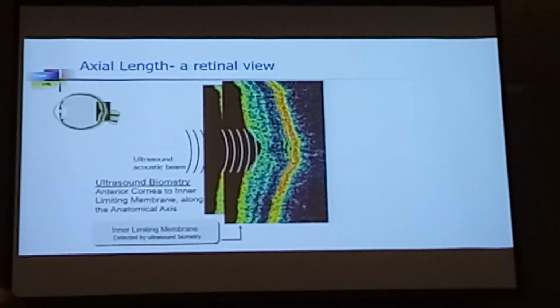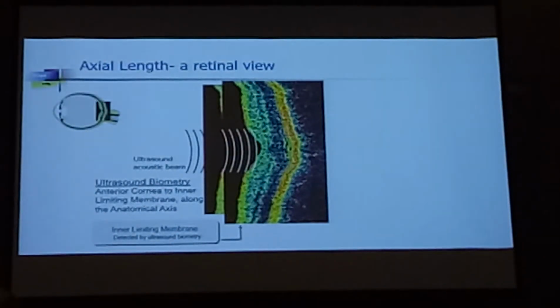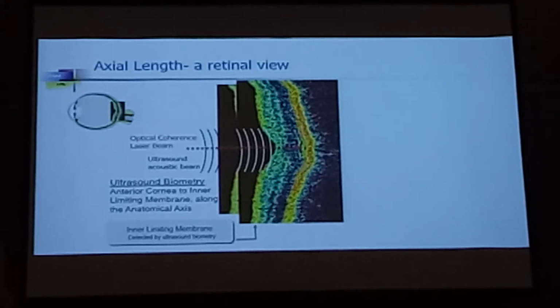The second reason is that ultrasound measures up to the internal limiting membrane, while optical biometers actually measure up to the retinal pigment epithelium layer, whereas the rod and cone is here.